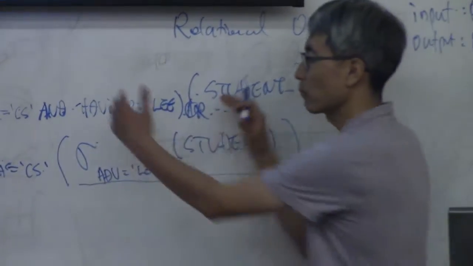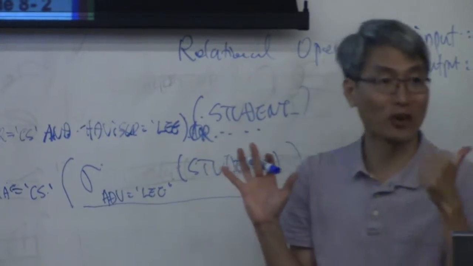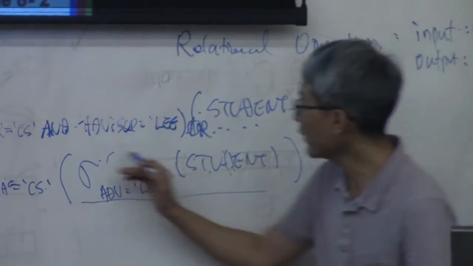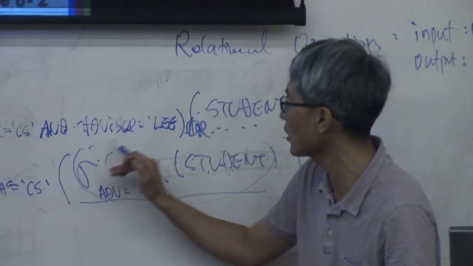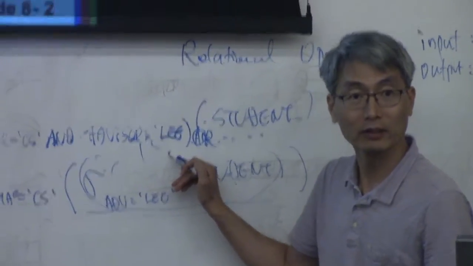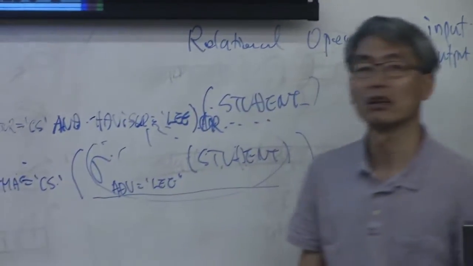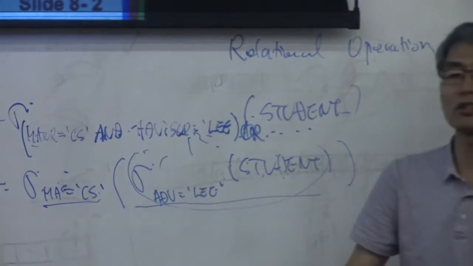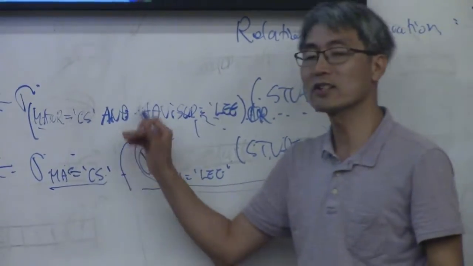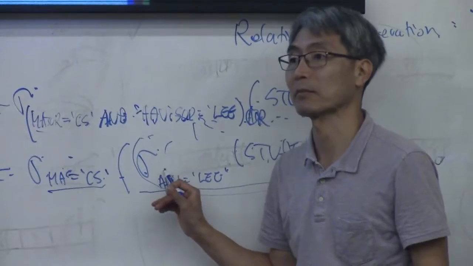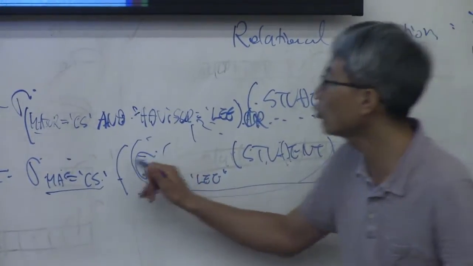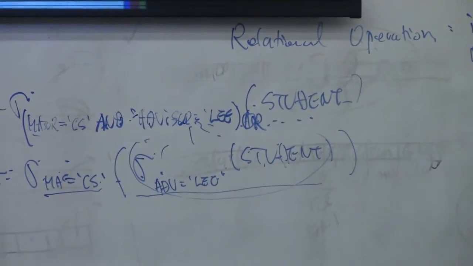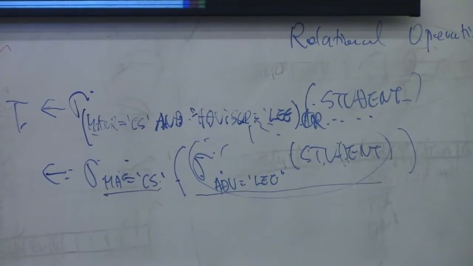So we can process this first. So this one. Then the output of this operation is also a relation. Right? We can apply another selection operation for this. Right? So that is major equal to CS. Are they the same? Yes, it's the same. So you can use the selection operation for this. Or this is a temp.